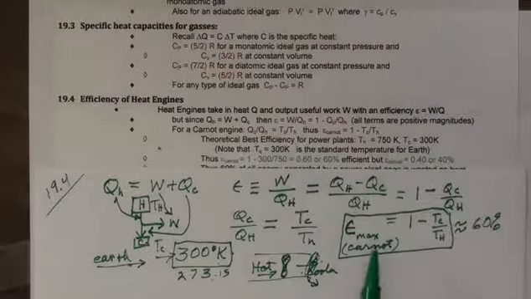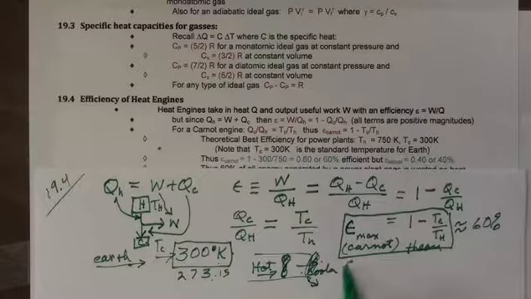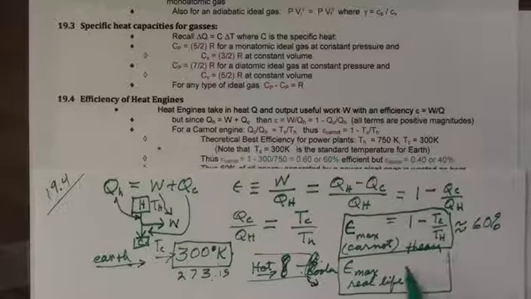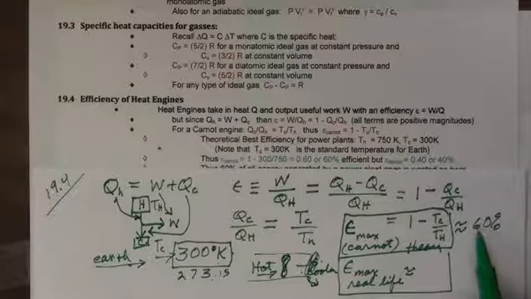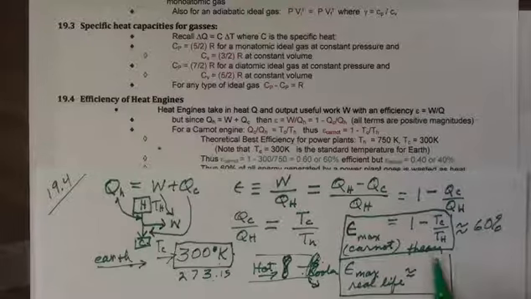But actually, if we look in real life, this is theoretical. If we look at epsilon max in real life, we find that these other losses take another 20%, so that we're down to about 40%, so that our actual efficiency is about 40%, or 0.4.